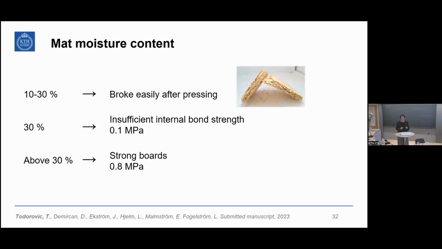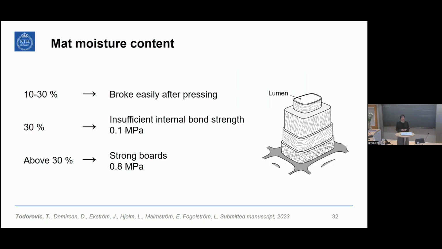So you can see in the image, it was very easy to break them even with low force. With moisture content below 30%, it was possible to analyze the internal bond strength, but the strength was not sufficient. But with the very high moisture content, the boards were strong.